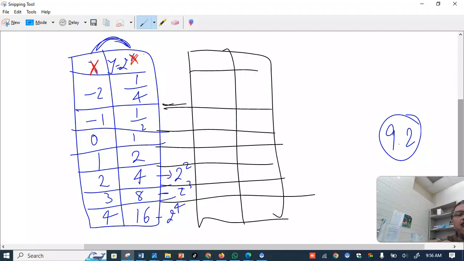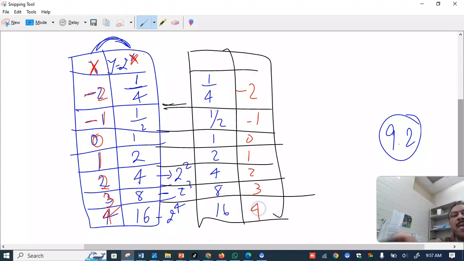So this 1/4 will go here, and then half. So output becomes the input, and the input that you see here, the red, minus 2, minus 1, 0, 1, 2, 3, and 4, will be here. So you're swapping the x and y.